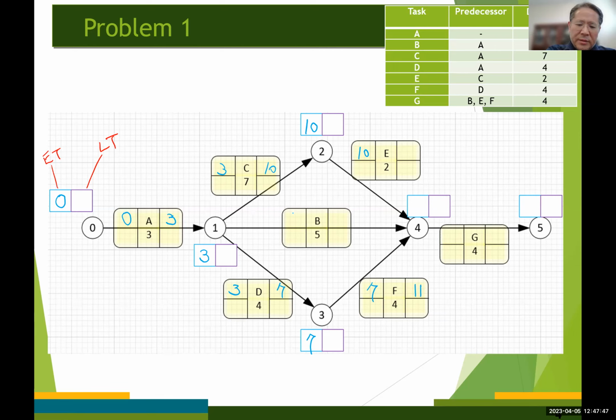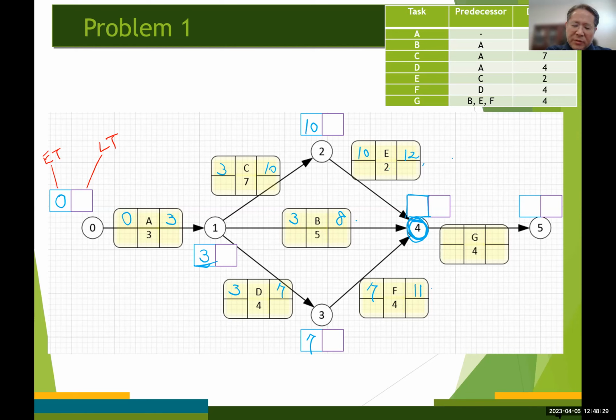And down here, the early start time for activity B is also going to be 3, right? So 3 plus 5 becomes 8. Now we are ready to determine the earliest time for event number 4. That's gonna be the completion time for all 3 activities, E, B, and F. We didn't compute the early finish time for activity E. That's going to be 10 plus 2, which is 12.